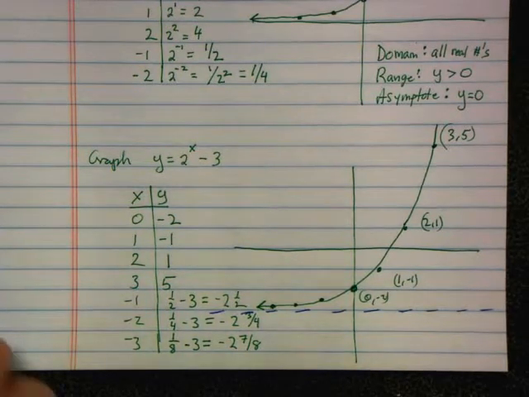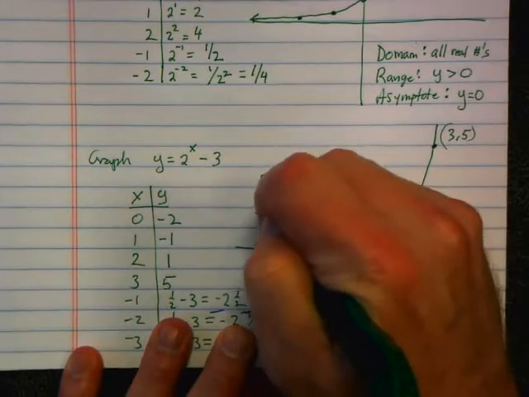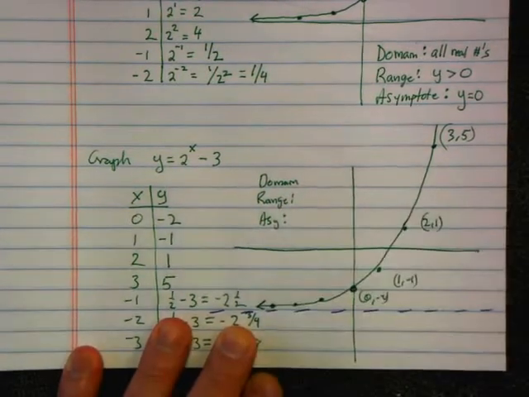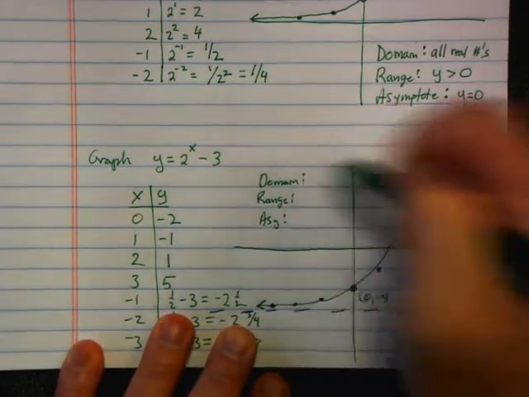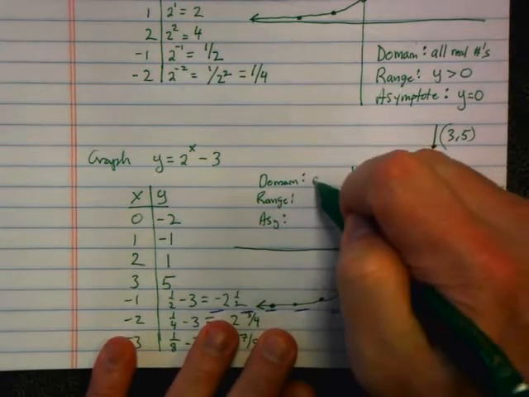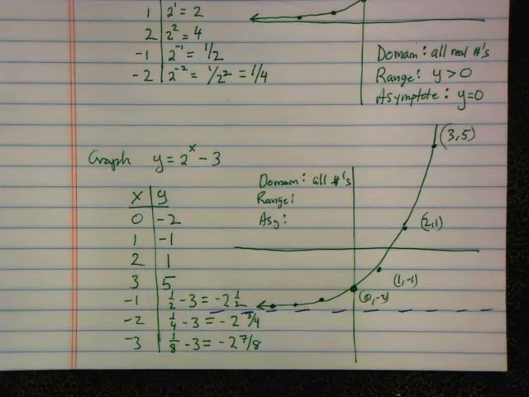Once again, you would be asked to find the domain, the range, and the asymptote. Domain: all real numbers. We were able to use positive numbers, negative numbers, 0. There weren't any restrictions at all. Range. What kind of y numbers am I getting?